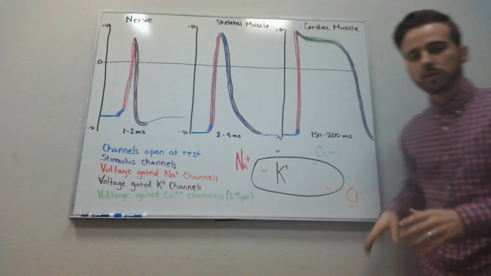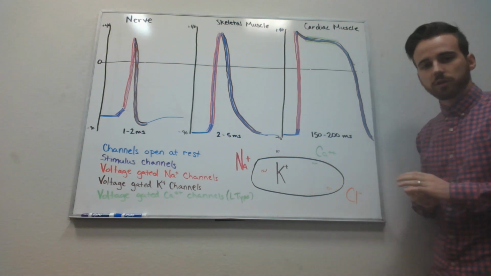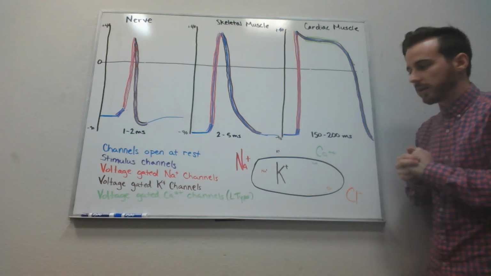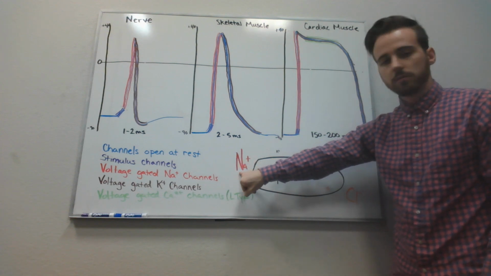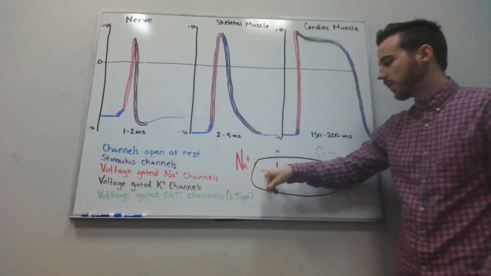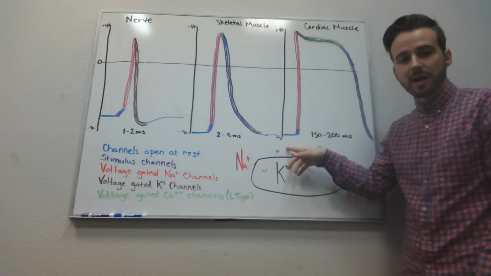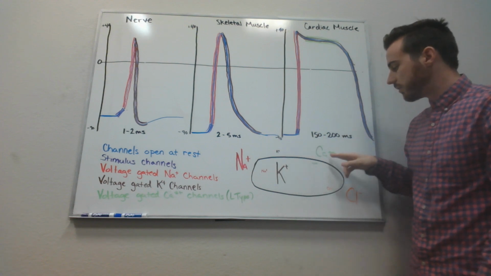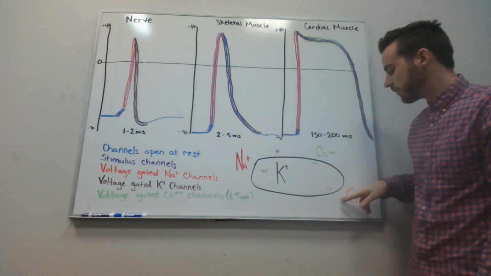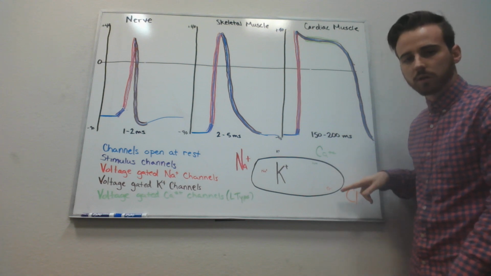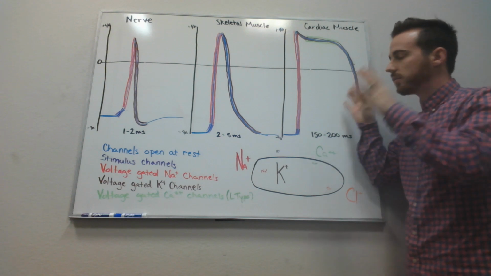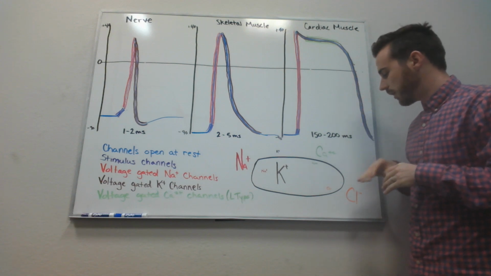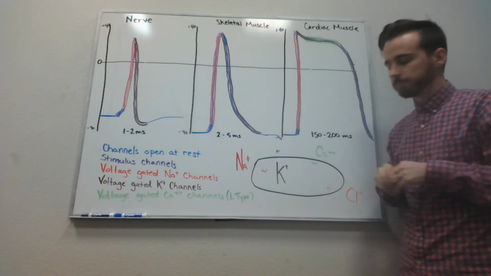Now I've drawn over here a little diagram showing relative concentrations of ions. Sodium is much higher concentrated outside the cell than in. Potassium is the opposite. Calcium is higher outside than in, and chloride is higher outside than in. We're not going to talk a lot about chloride today because it doesn't have a lot of bearing on what we're talking about, but that will be important later.